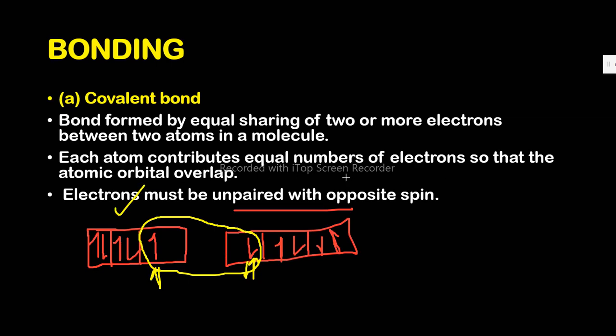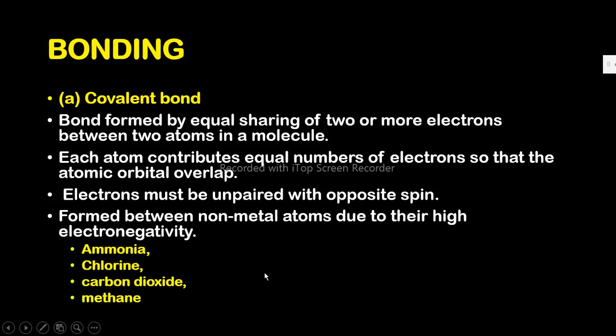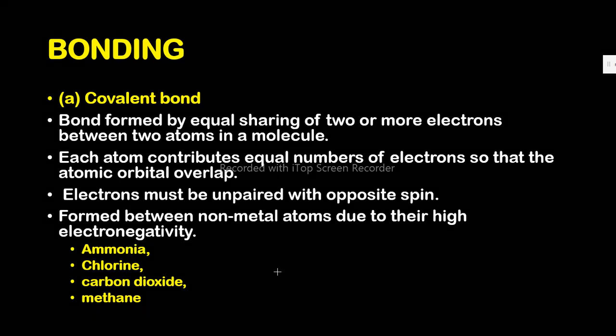So each atom contributes an equal number of electrons so that the atomic orbitals overlap, and when they overlap, the electrons will be paired. And these paired electrons will be more stable than the unpaired ones. So for example, you can see ammonia, the nitrogen.